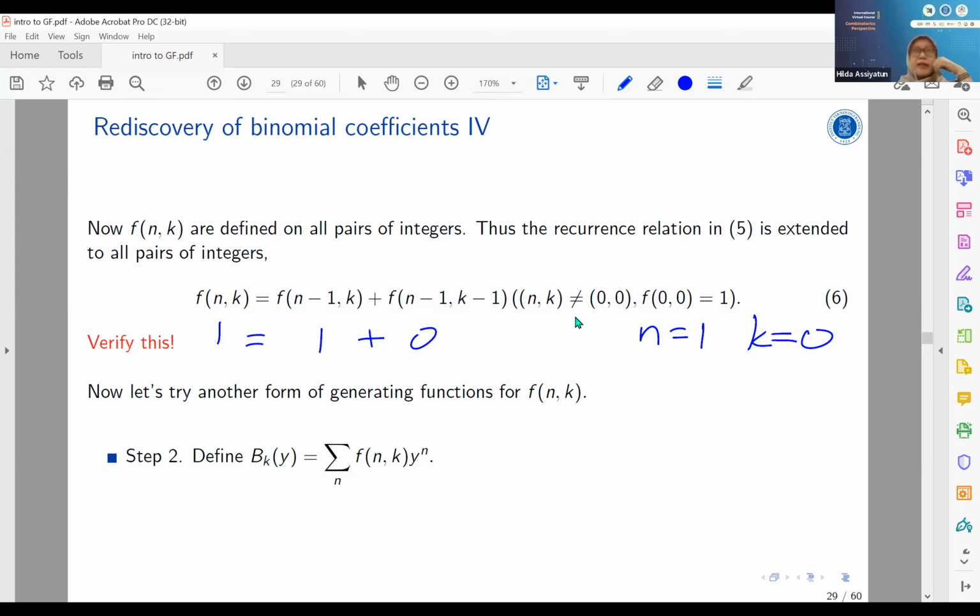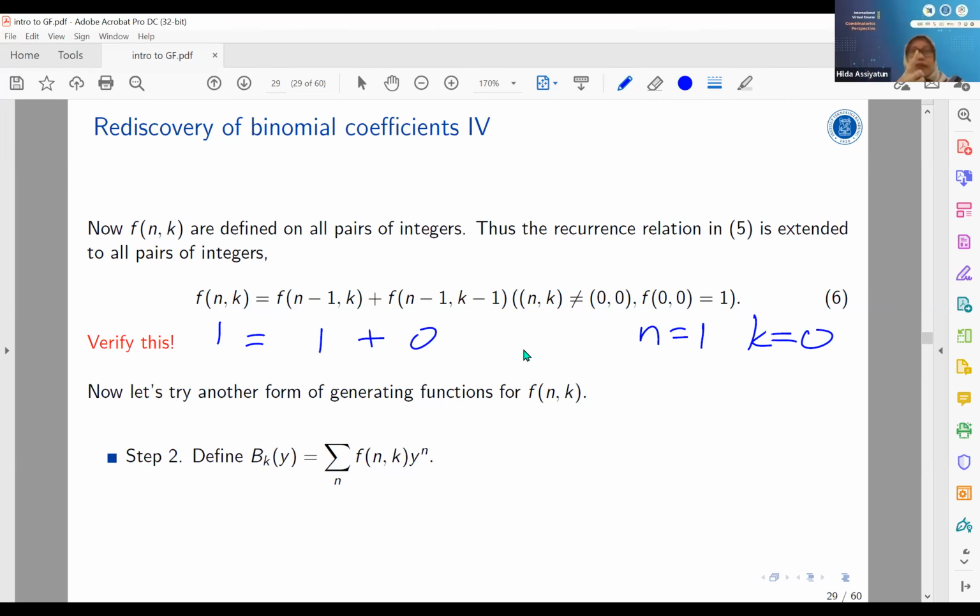So why do we bother to extend the domain of these variables? By extending the domain, we will easily get the generating function.